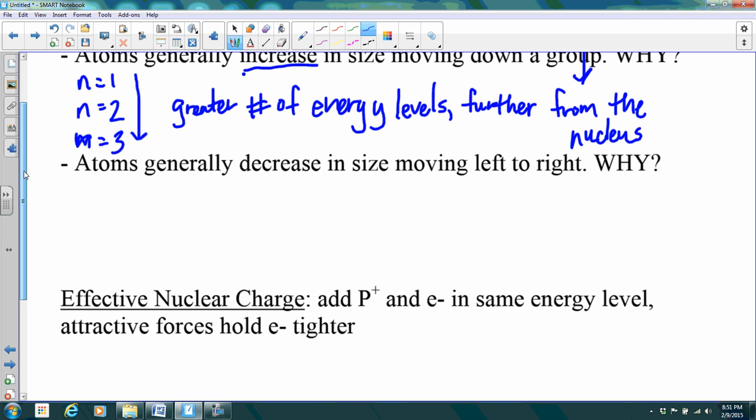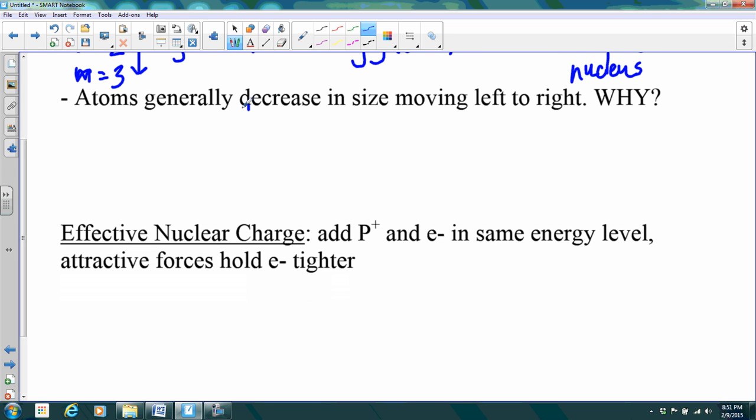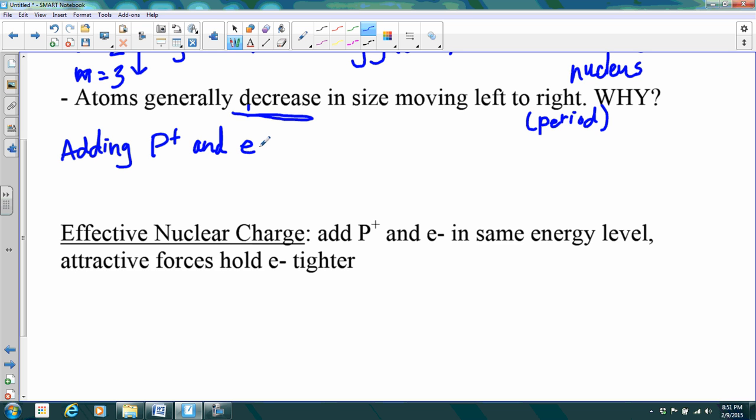We're adding energy levels as we go down. Now, atoms generally decrease in size moving from left to right, across a period. Why are they decreasing in size? This may seem weird, because as I go across the period, I am adding more protons and electrons to every element. So there must be some force of attraction between these, and that's exactly right.